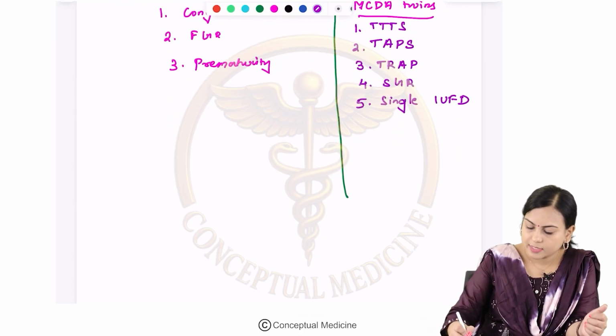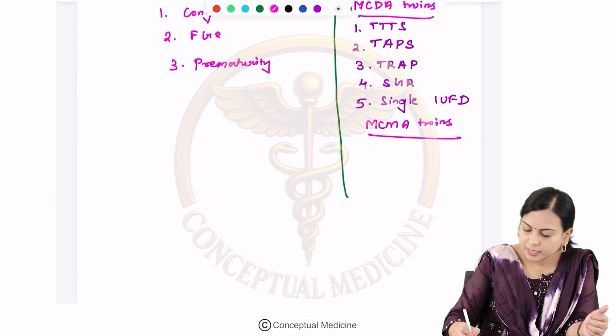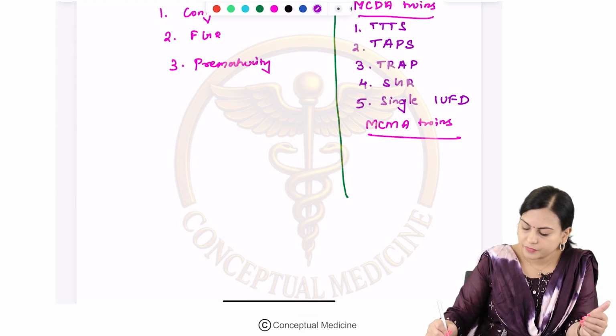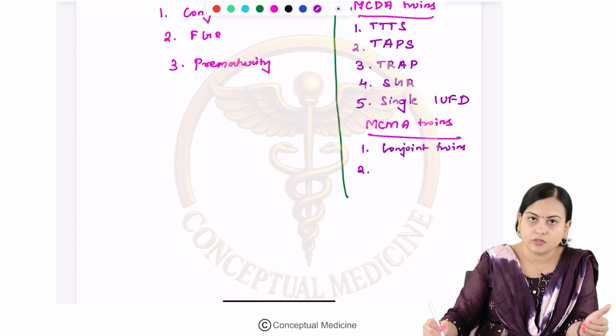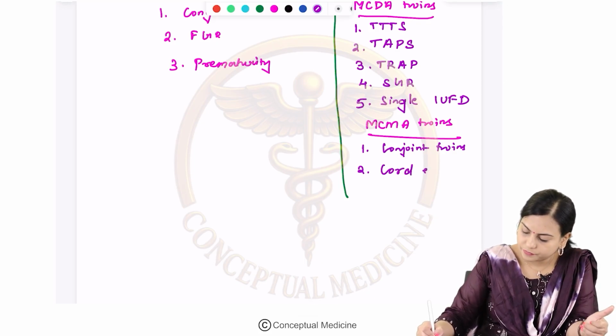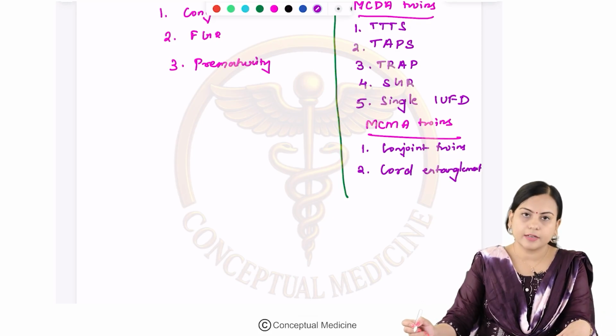And then there can be selective growth restriction or single intrauterine fetal death. Now we'll see the complications in MCMA twins. There can be chances of conjoined twins, as we have already seen, and chances of cord entanglement also. Clear?